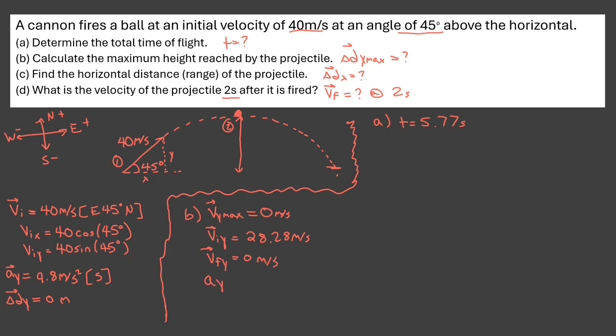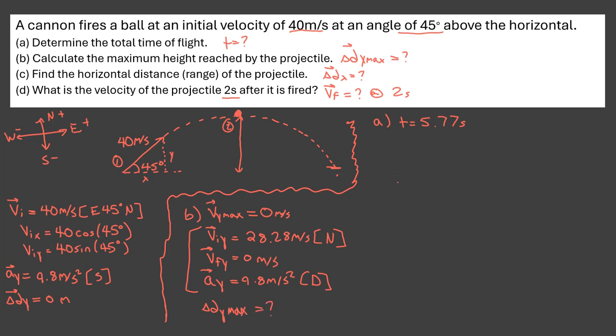And then as always I'll use my acceleration in the y, which is 9.8 meters per second squared, down. This is going to be north, by the way, upwards. Okay, so I've got these three values that I can utilize to solve for what I classified here as my max height.